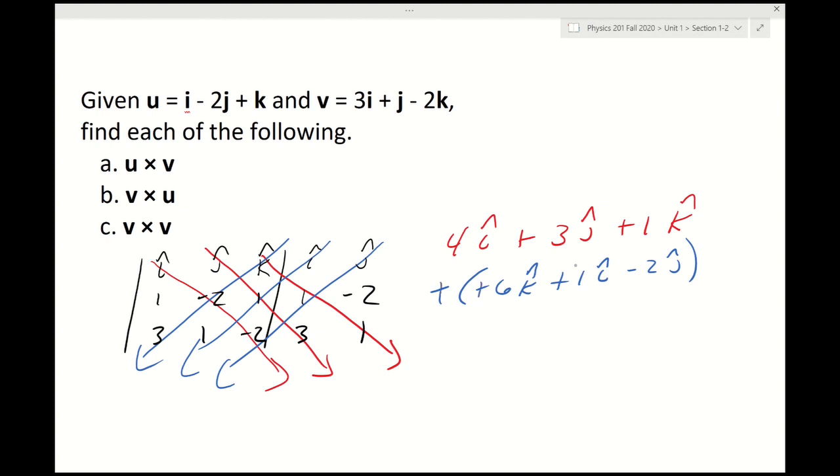So we can simply flip these signs in here. 4i minus i is 3i, 3j and 2j is 5j, and 1 plus 6 is 7k. So this is A. I'll leave B and C for your practice.